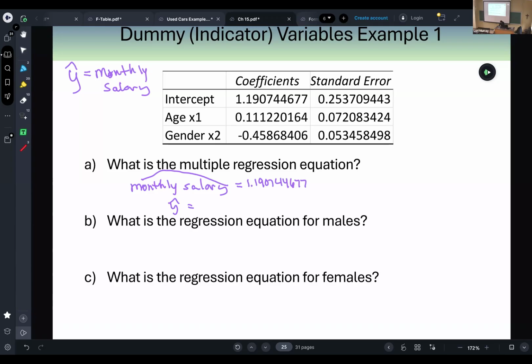1.190744677. And I wasn't kidding when I said carry many decimals. This is what Excel will do. Plus 0.111220164 times age, minus 0.45868406 times gender.